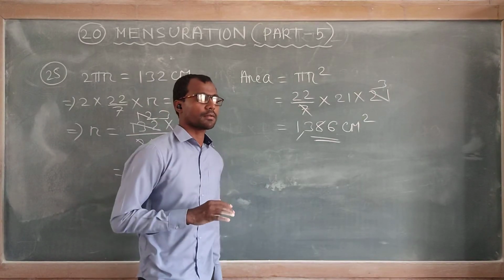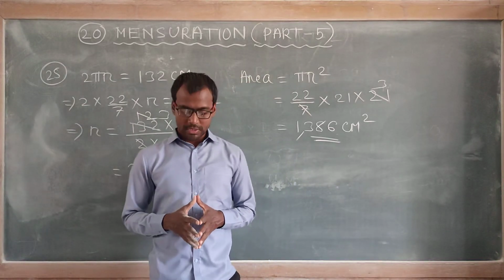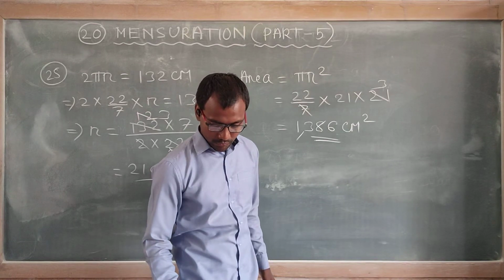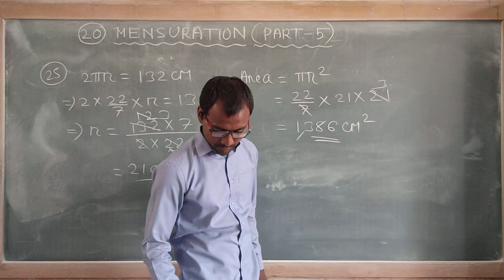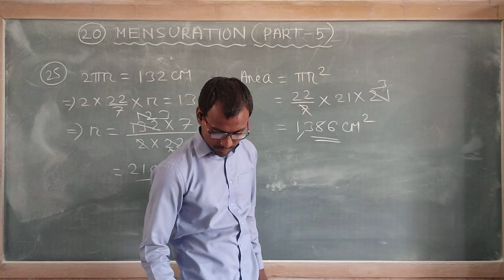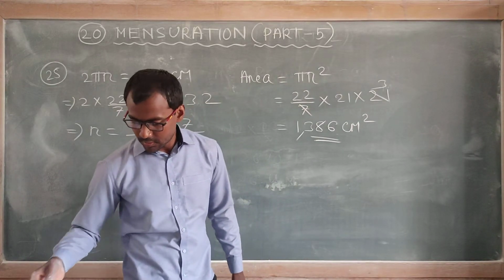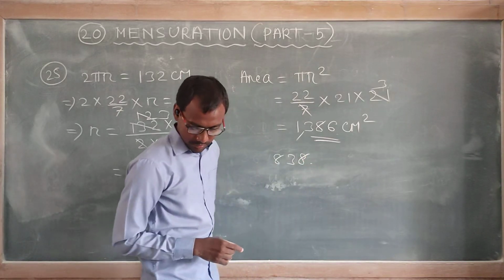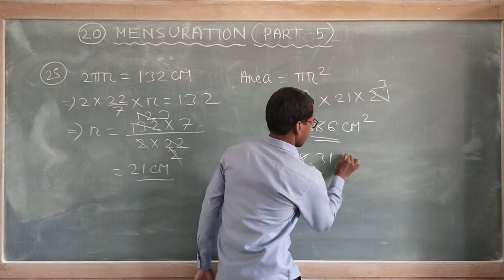Now you can see, first it was an equilateral triangle. Its area was 484 root 3 square cm, which means about 838.31 square cm.